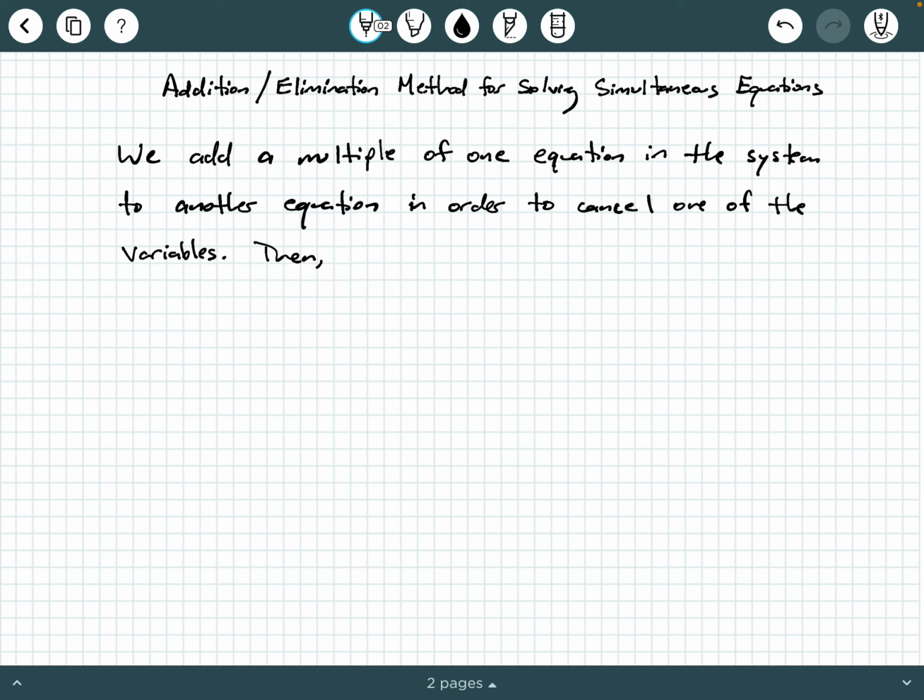Then we can easily solve for the other variable or variables.